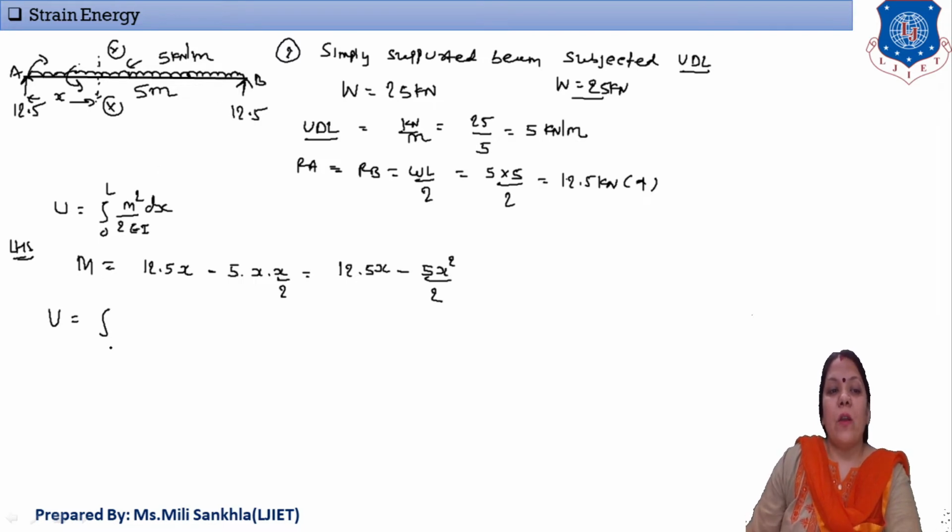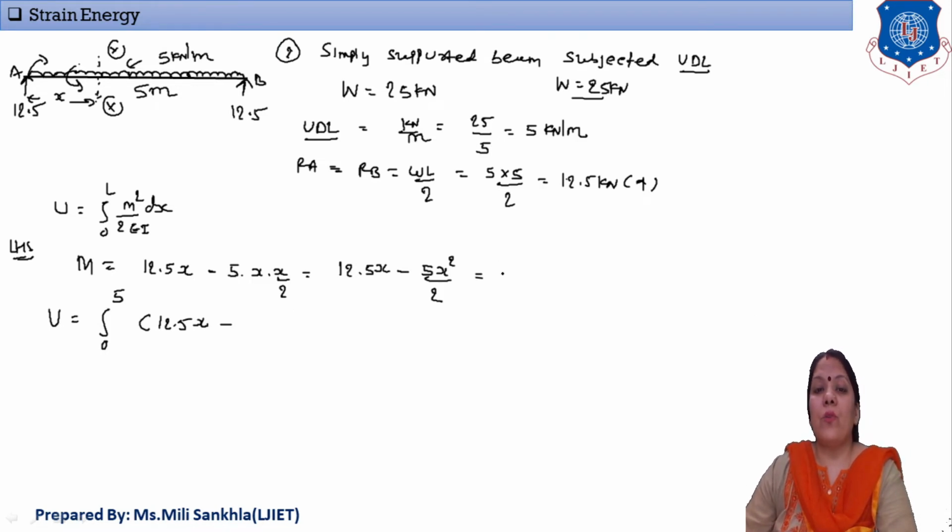Write down the limit of 0 to 5 and the equation of moment, which is 12.5x minus, here we can divide also, 2.5x squared. Clear?